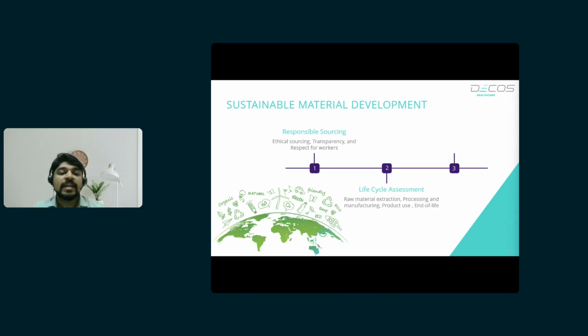The second is life cycle assessment. This is a comprehensive analysis that evaluates the environmental, social, and economic impacts of a material throughout its entire life cycle. It considers all stages from raw material extraction, processing, and manufacturing, to product use and end of life, even considering waste generation and its disposal method.